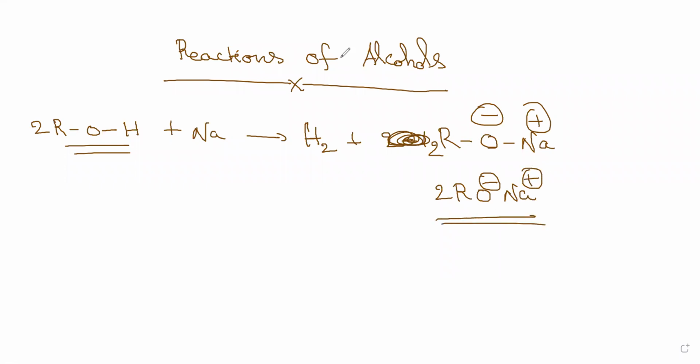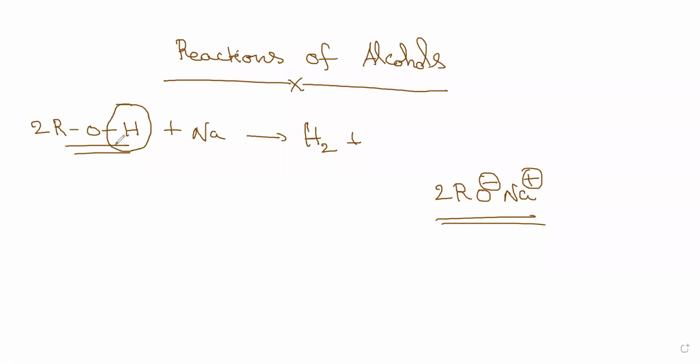Sodium, being more electropositive, will replace the hydrogen of the OH bond. This hydrogen is liberated, and the compound we get is called sodium alkoxide.